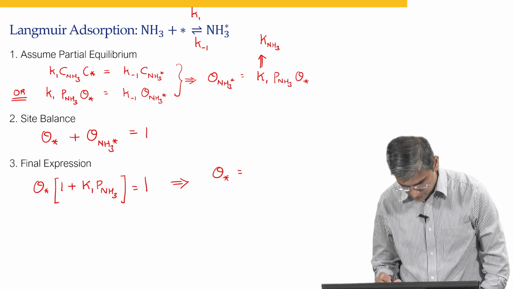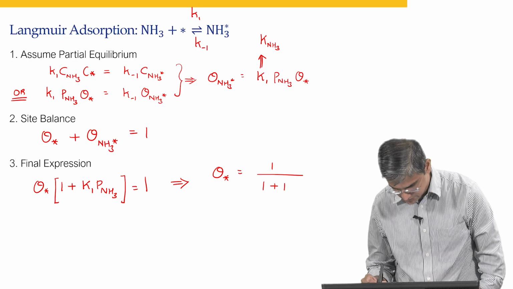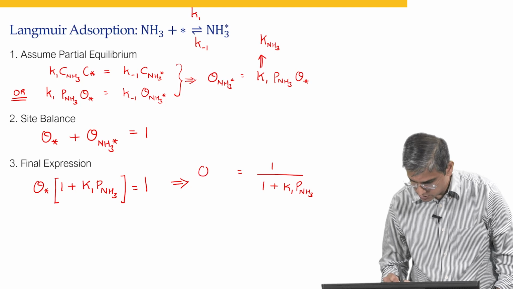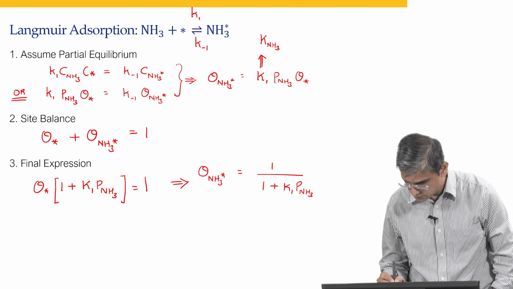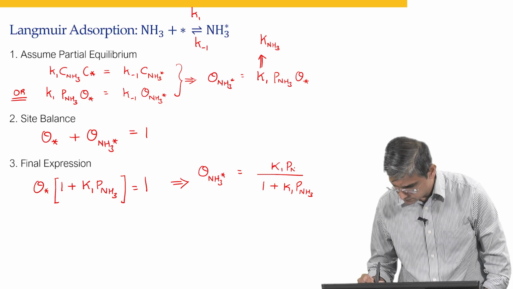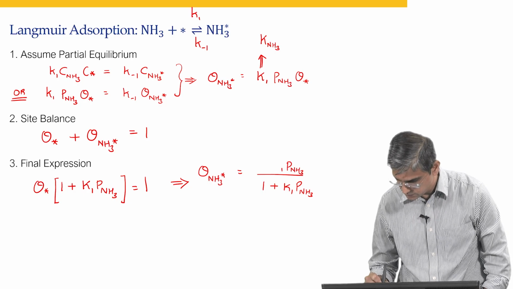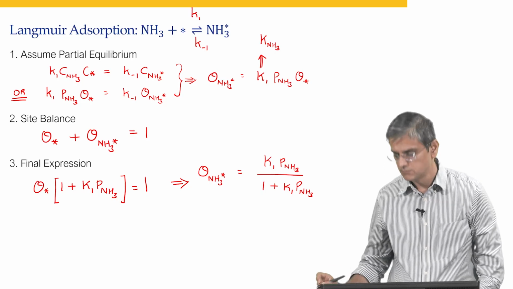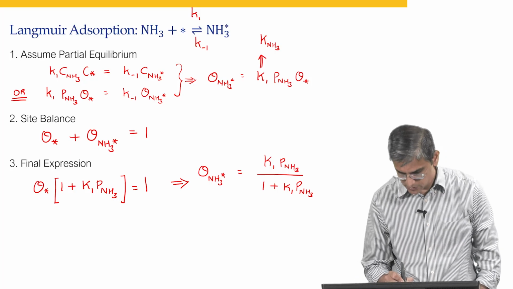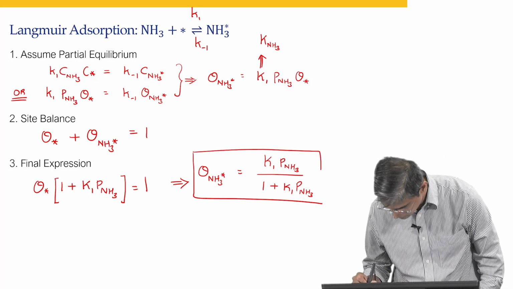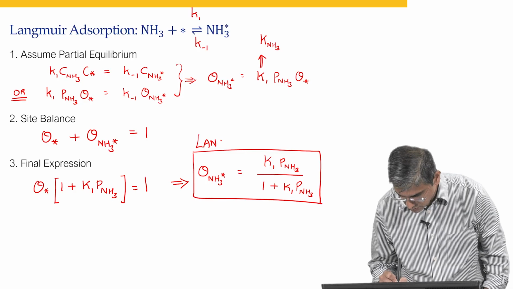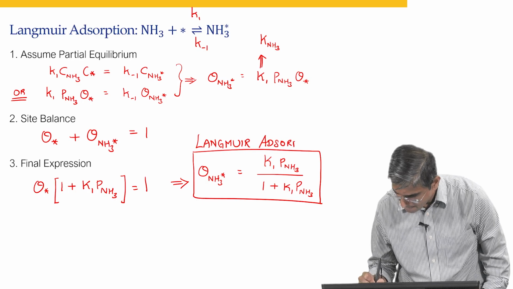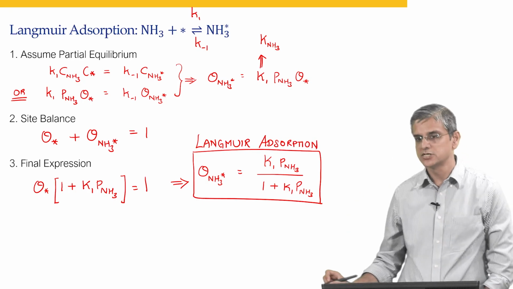Theta star is 1 divided by 1 plus K NH3 times the pressure of NH3. This is Langmuir adsorption.